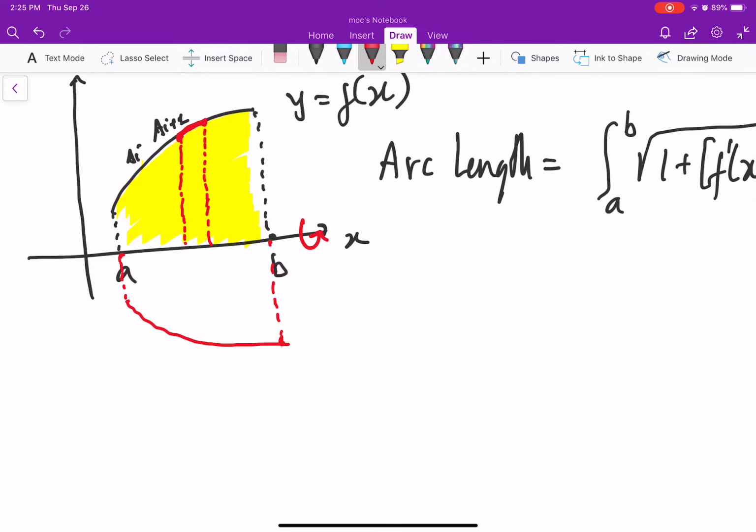So the frustum looks like this. We cut that, so let me draw another picture. You have something like this, and this is our frustum.